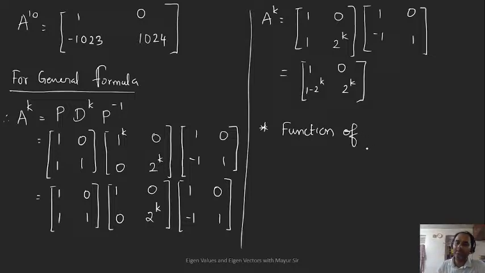Now see, I am dealing with this for the distinct eigenvalue case. For repeated there are slight differences, but we can see it some other time, not now, because I don't want to stretch the lecture too much.